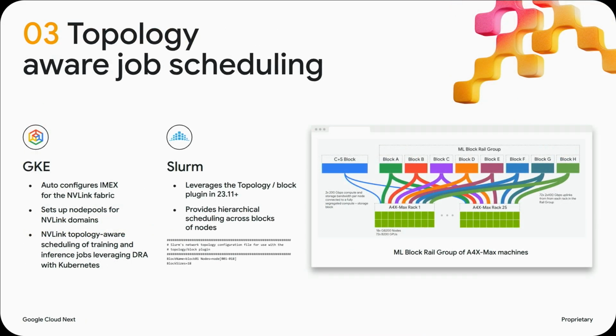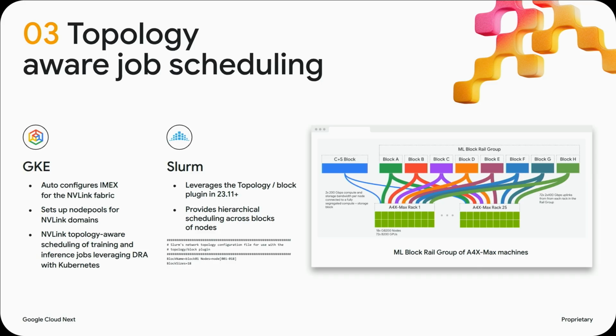Pramod mentioned this, and I'm going to highlight again that topology-aware scheduling is becoming more and more critical. So we offer topology-aware scheduling whether you're using GKE or Slurm. GKE auto-configures the NVLink setup and can set up the pools per NVLink domain. Leveraging the Kubernetes dynamic resource allocator, it schedules the training and inference jobs fully aware of the underlying NVLink topology.